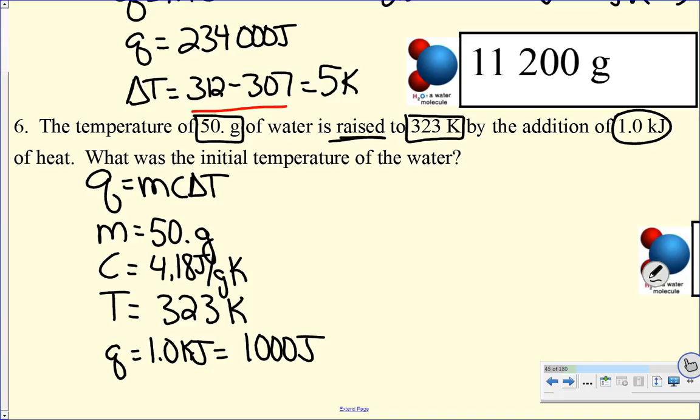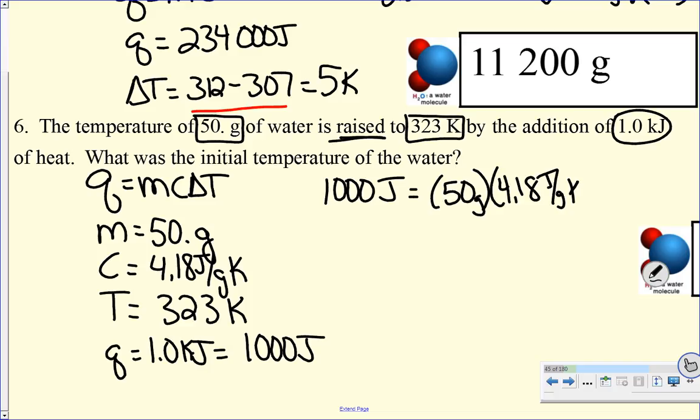So when I plug into my equation, my 1,000 joules need to go on the left side. My 50 grams of water is going to go here. My 4.18 joules per gram Kelvin is going to go here. A lot of people are tempted to plug that temperature in, but that's not our change in temperature.